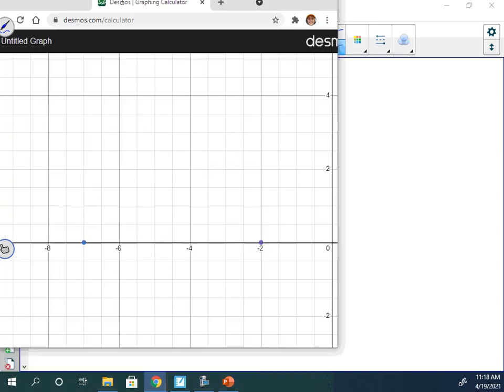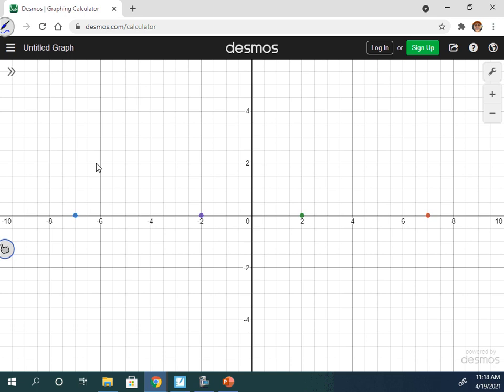If we were to graph these points, we would get this here. We had plus or minus 7, so these are our vertices, and these are our foci.